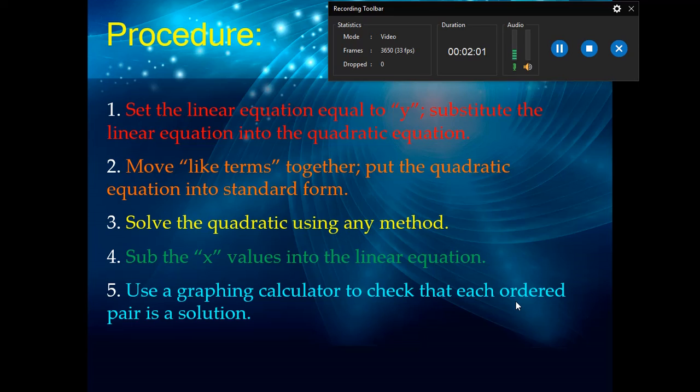I would recommend using a graphing calculator to check that each ordered pair is a solution. You can bring up the table. In some cases, though, if the intersection is not at an exact location, more of a decimal or fractional location, the graphing calculator may not give it to you in the table, but visually on the graph you can see it.